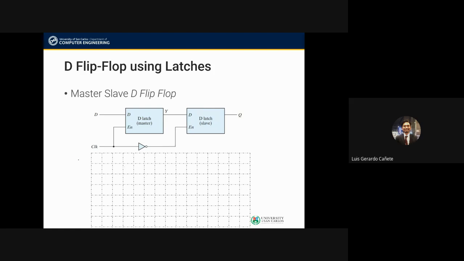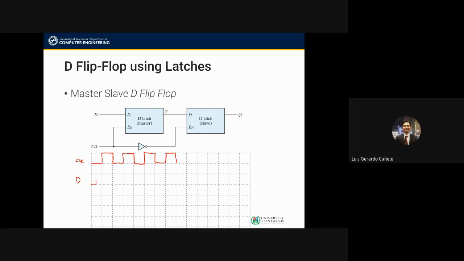So let's say that we have a clock here. This is actually quite easy to trace. So let's say that this is the value of our clock. Let's just do a couple of these clocks. Now let's look at the value of Y, which is this latch right here. First of all, let's simulate some value of D, okay?